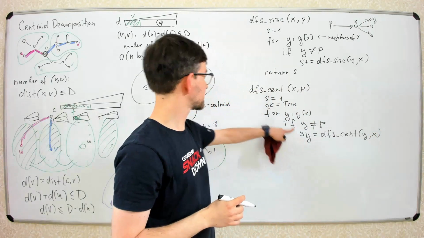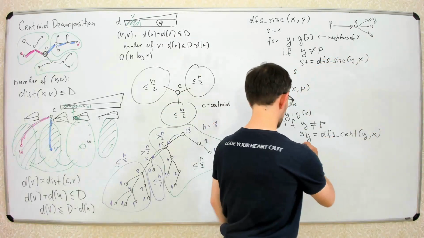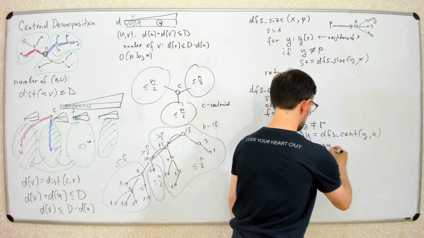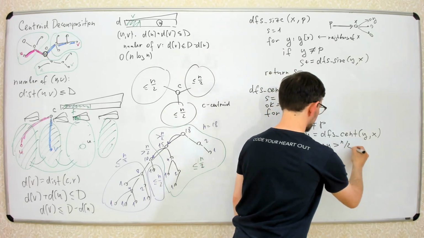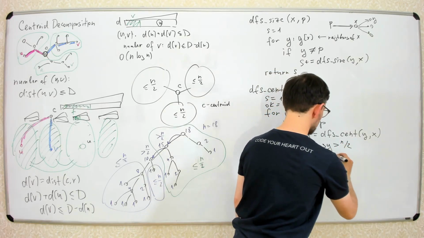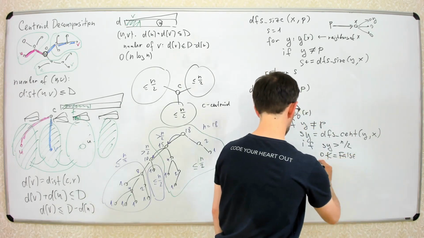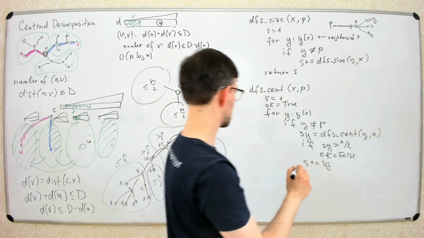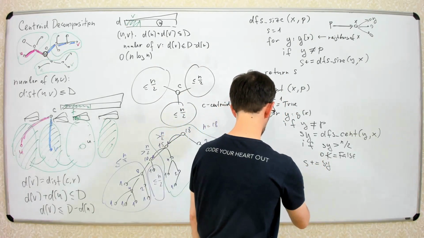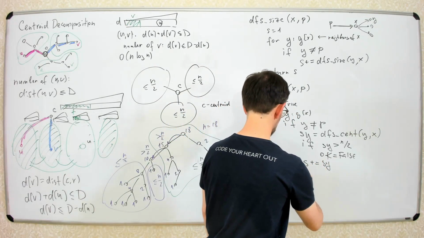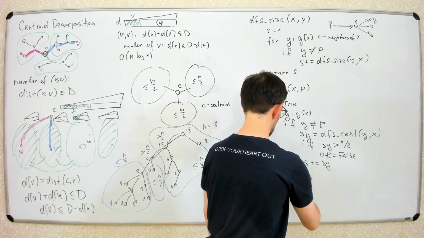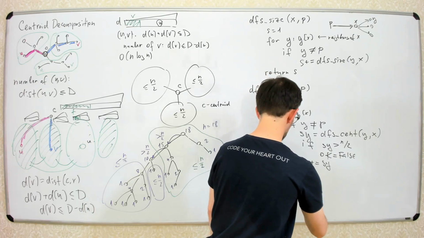Then I have calculated the size of Y. If size Y is more than n over 2, then OK is false. S plus equals sy. Then if S is less than n over 2, then OK is false.